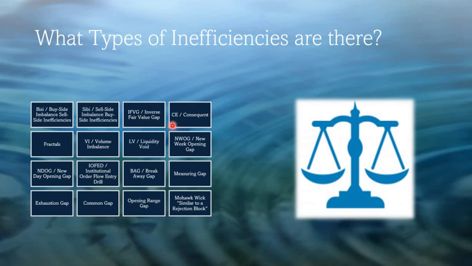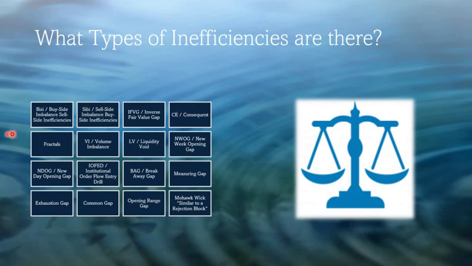We have consequent encroachment, which is not a type of inefficiency, but describes parts of an inefficiency. When we talk about consequent encroachment, we're talking about the midpoint of a fair value gap or an inefficiency. When you mark out an inefficiency, the midpoint or equilibrium of that inefficiency is known as consequent encroachment, and that plays a big role in any type of inefficiency.